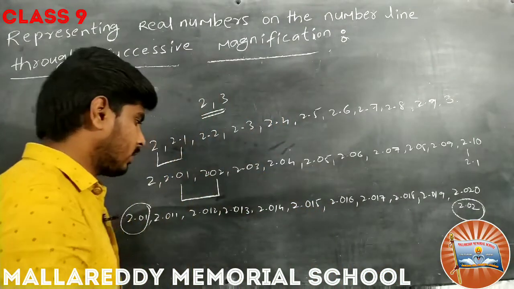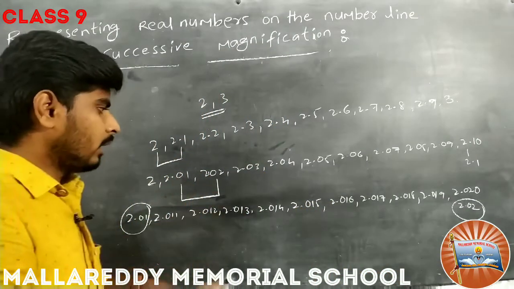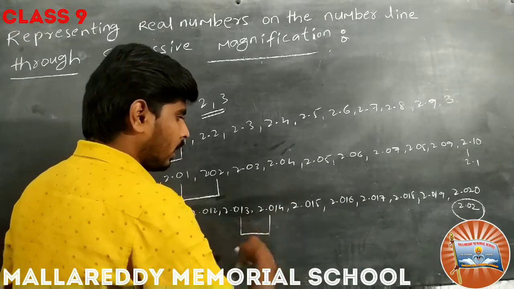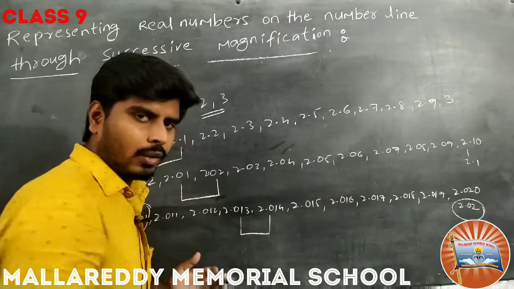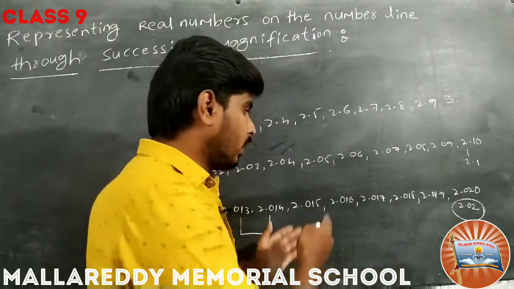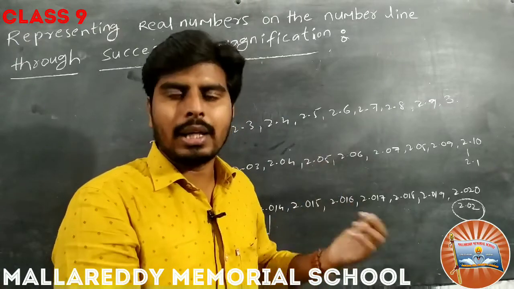Okay, right. So similarly we can take any pair of numbers and write numbers between them. Similarly, we can represent these numbers on the number line also.